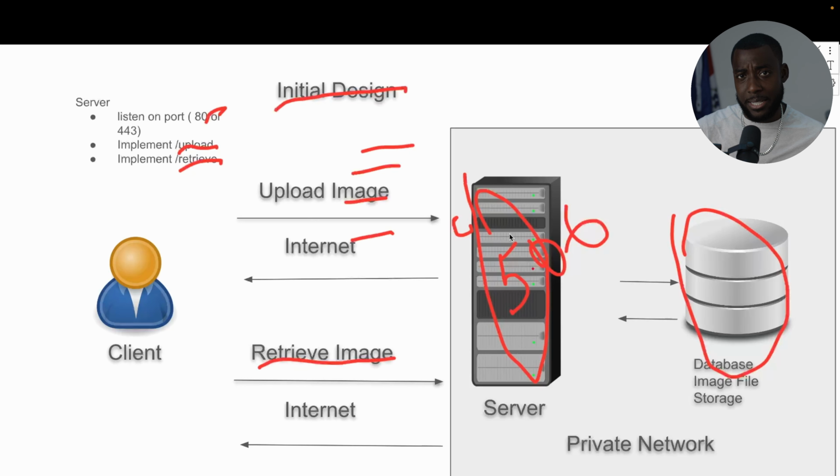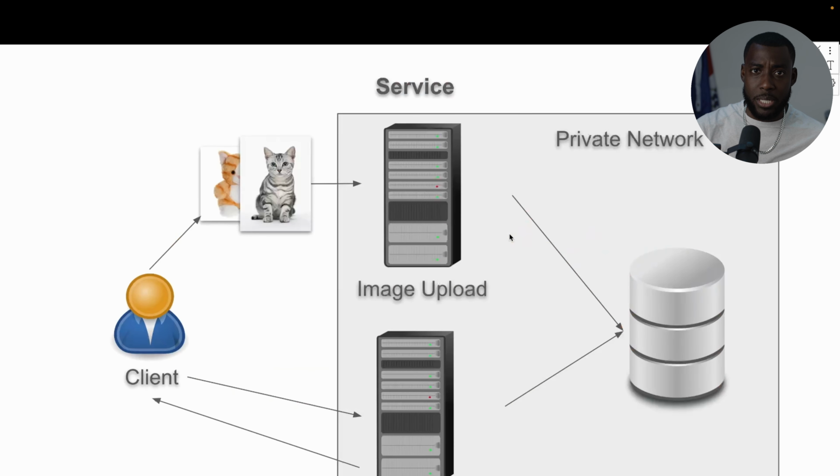Let's try to see how we can handle this limitation. One way we can do it is by breaking our application into services. Services, or sometimes they call them microservices, are endpoints or applications that specialize in a specific task.